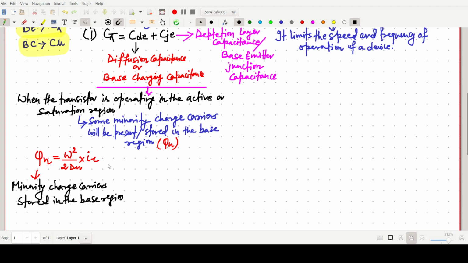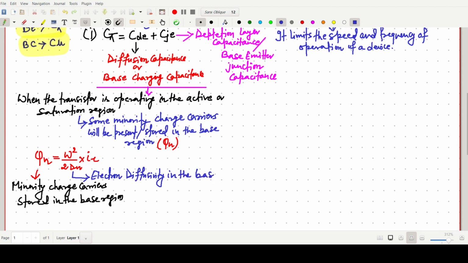And this Dn is nothing but simply the electron diffusivity in the base region.